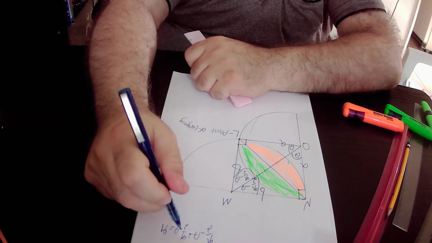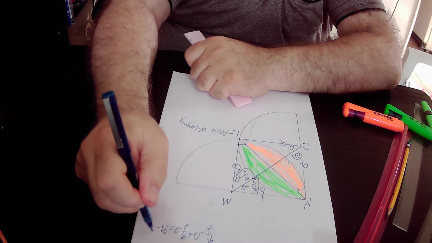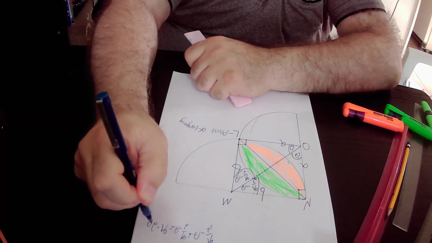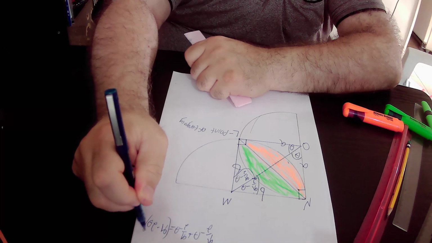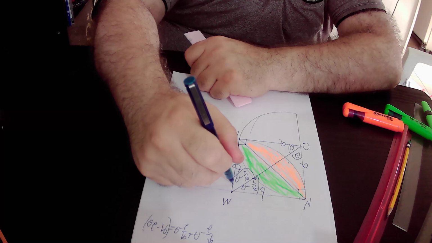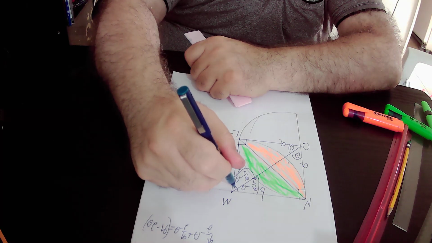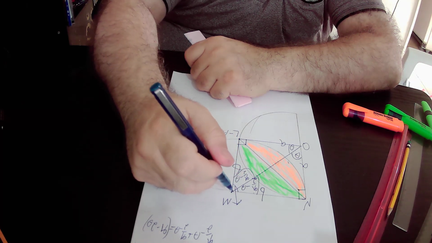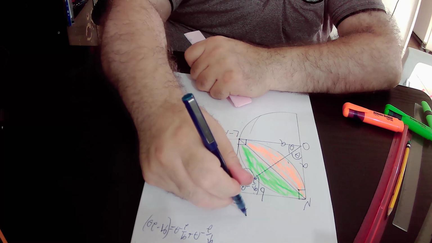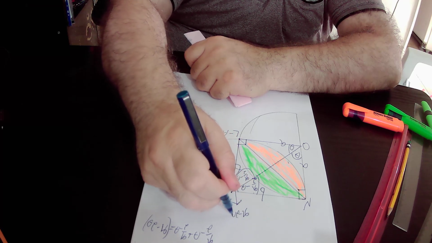And minus theta plus minus theta is minus 2 theta. So in conclusion, we found out that the size of this angle NML equals pi minus 2 theta.